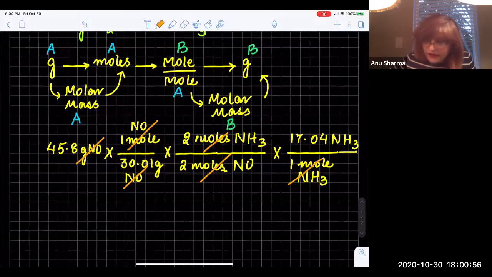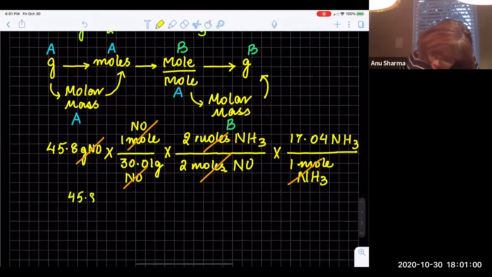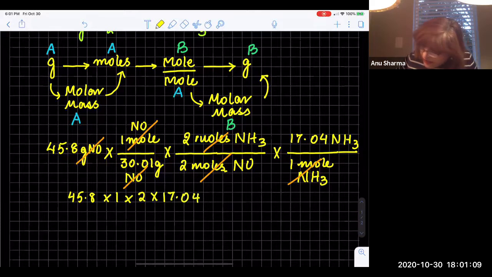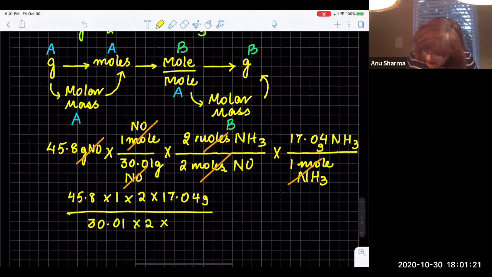And we are left with 45.8 times 1 times 2 times 17.04, and this is going to be grams, over 30.01 times 2 times 1.